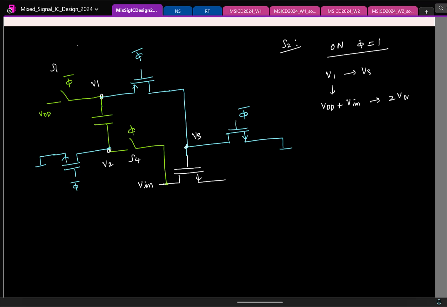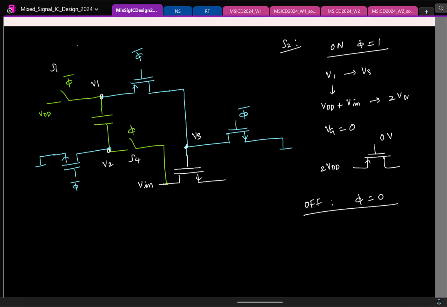Typically, whenever the switch is seeing signals that are greater than VDD or less than 0, you ensure that both during on and off phases it works fine. So in the on phase it is okay, because to turn it on we apply 0 at the gate. If I draw that PMOS, this is 0 volts and this is, let us say, around 2 VDD, it will turn on, no issues. Similarly, let's also make sure what happens when it is off.